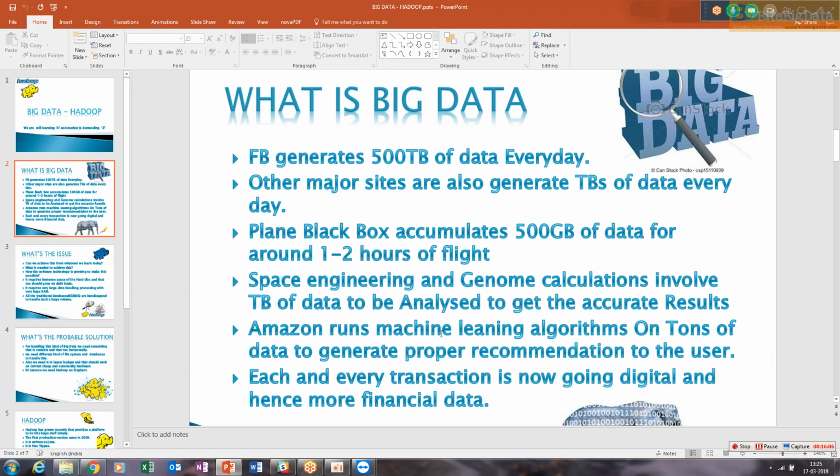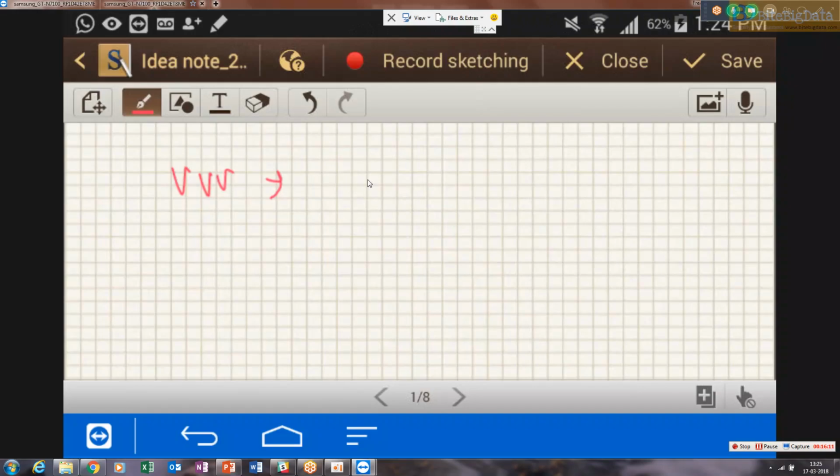It is mostly said to be variety, velocity, and volume, and it keeps increasing. There is a variety of data, the velocity is the speed of it, and then there is the overall volume of the data. This is what is called the three V's of big data.